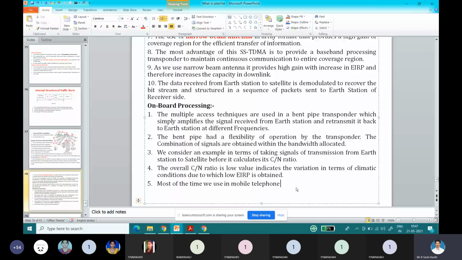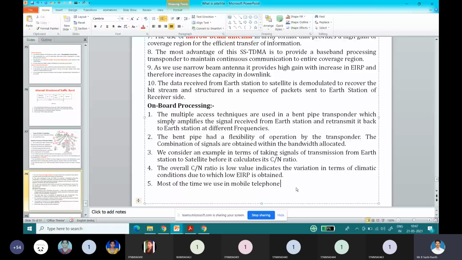The data received from the satellite at the earth station is demodulated, framed in terms of bits, converted into packets and retransmitted to the earth station on the receiver side. So this is about SS TDMA.